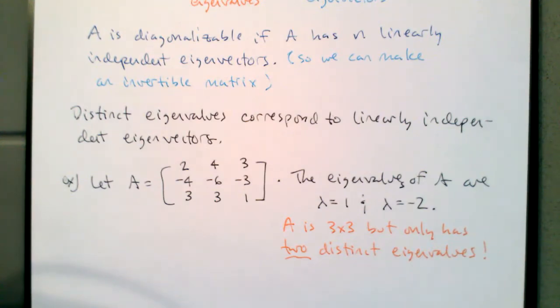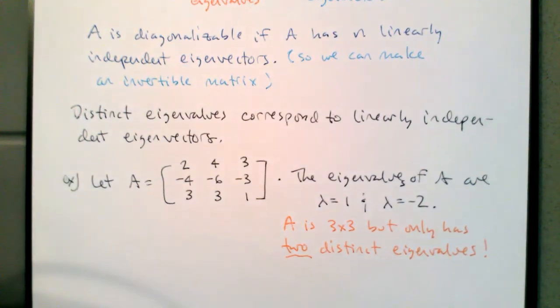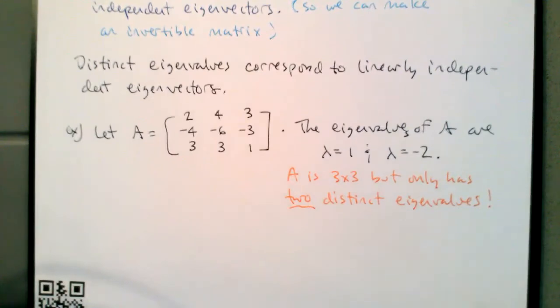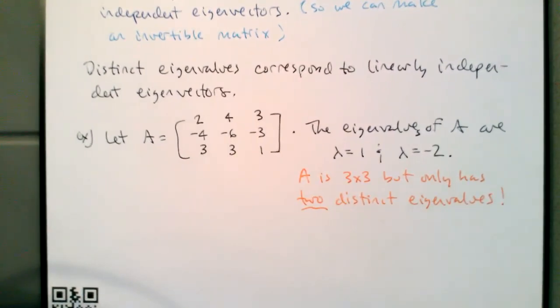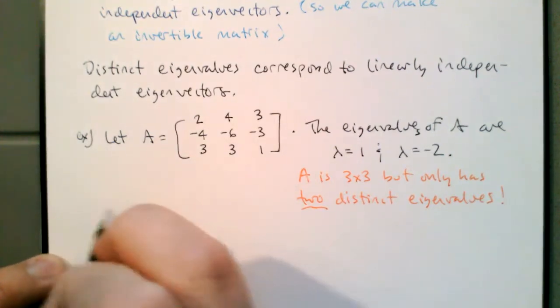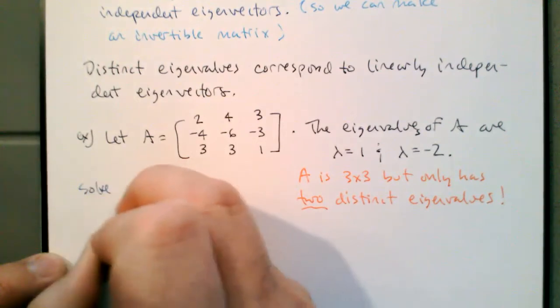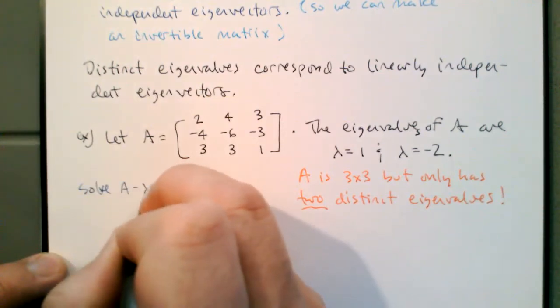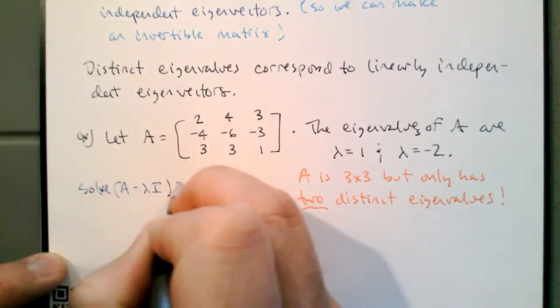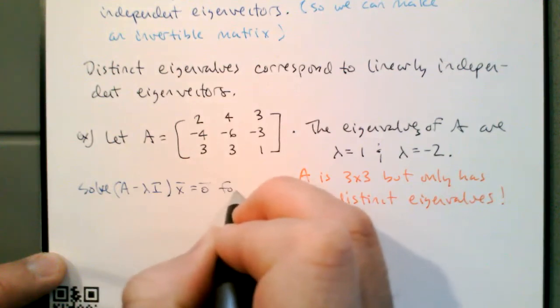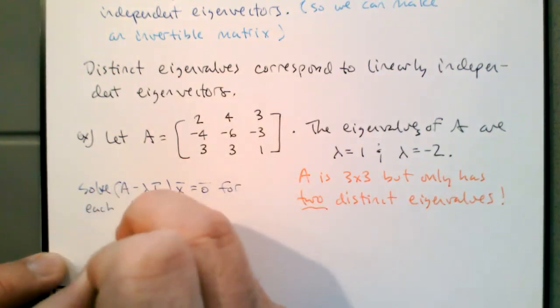What we do is the same thing that we did when we didn't know anything about diagonalization. We find the eigenvectors corresponding to each of the eigenvalues. So I look at A minus lambda I for each of the lambdas and solve the homogeneous equation. We're going to solve A minus lambda I times x equals 0 for each lambda.